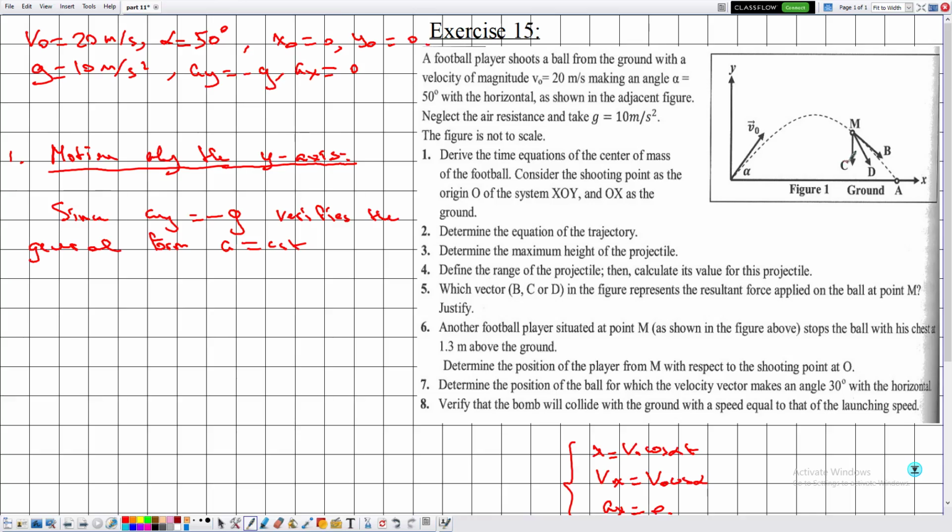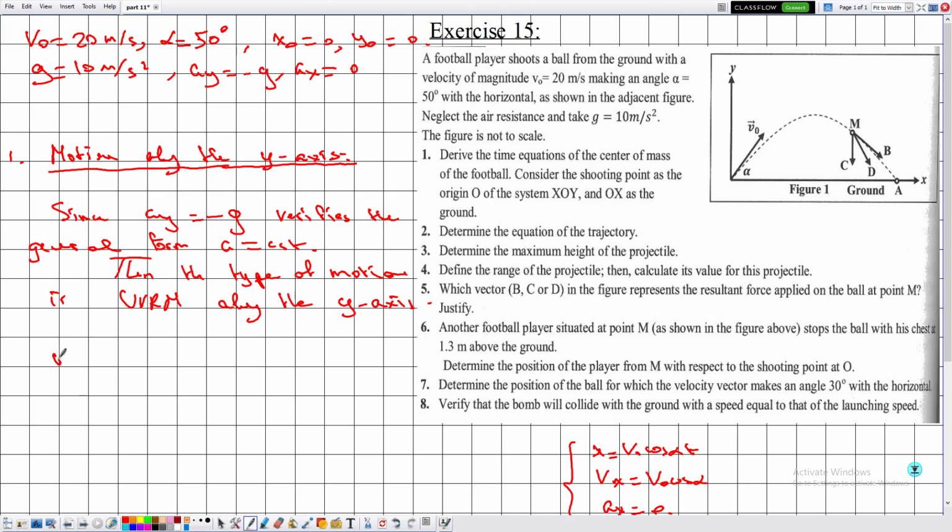Now here notice that they are naming the angle to be alpha and not alpha 0. For this reason I'm using alpha and not alpha 0. Then the type of motion is UVRM along the y-axis.